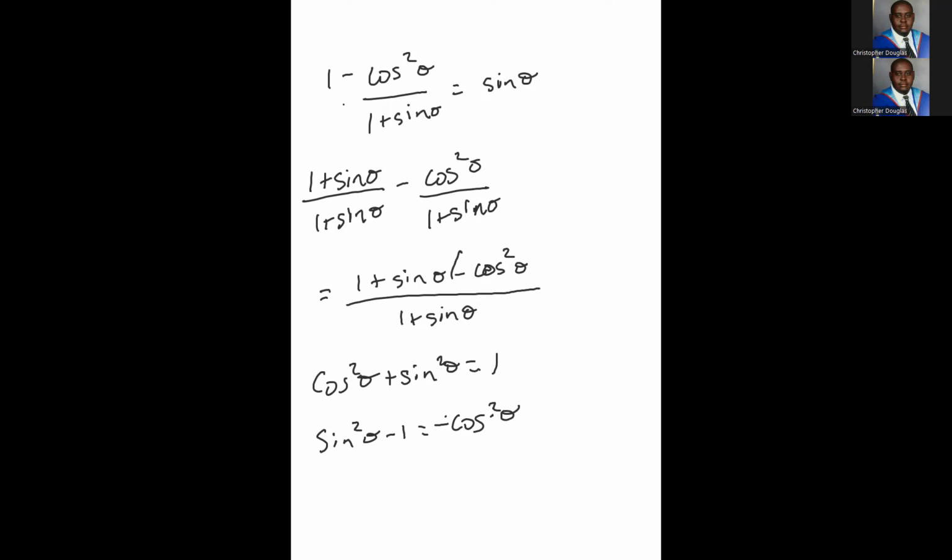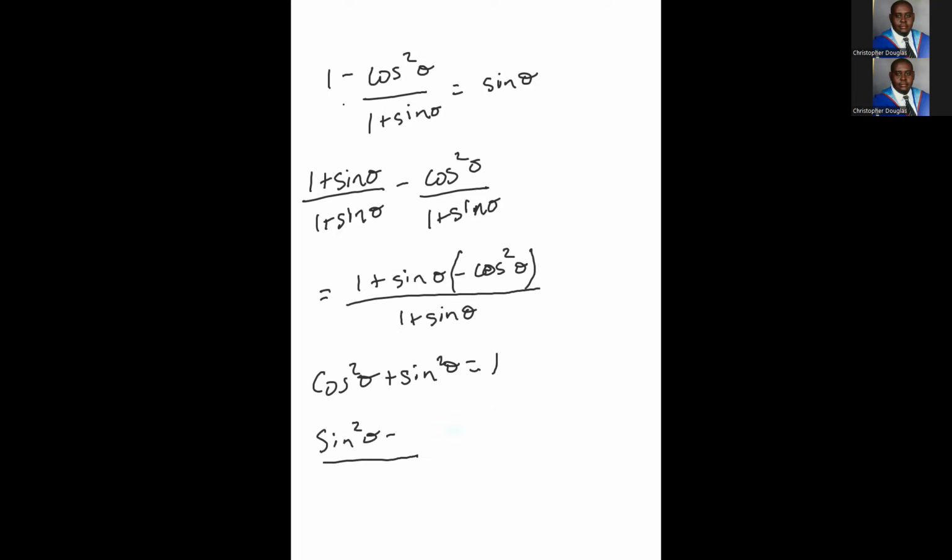What do I have here? I have a negative cos squared theta. So I can replace it with this, which is sine squared theta minus 1. So it's just manipulating the Pythagorean rule for trig identities. So here we go.